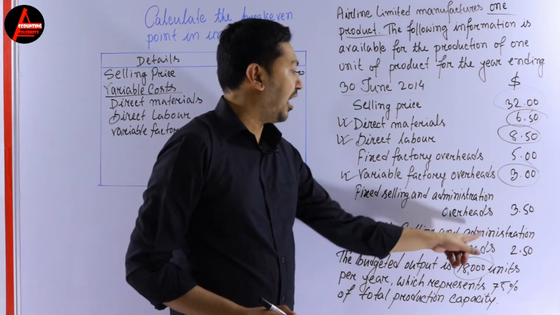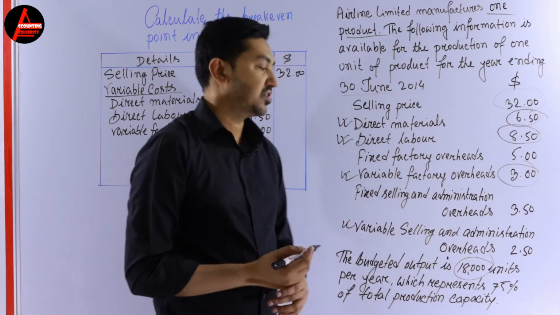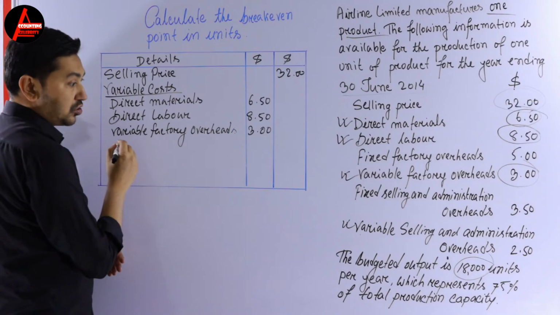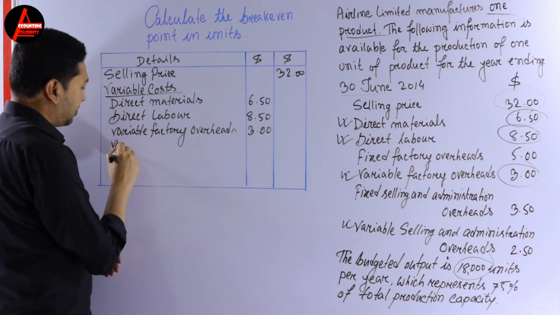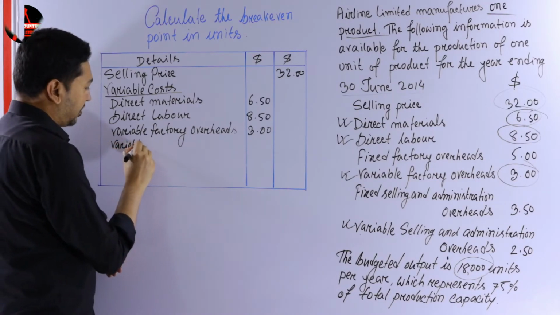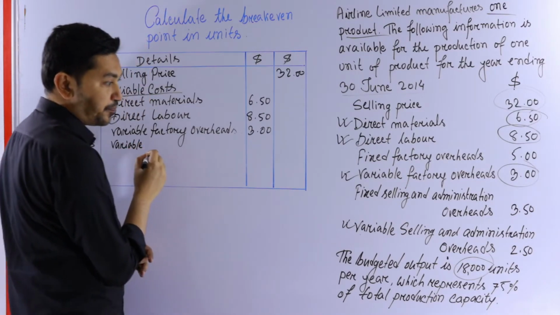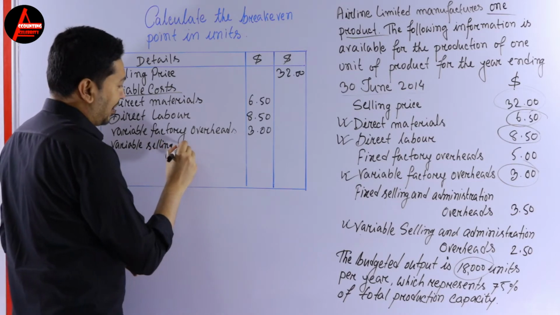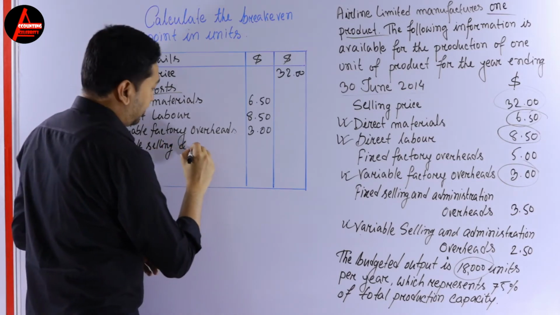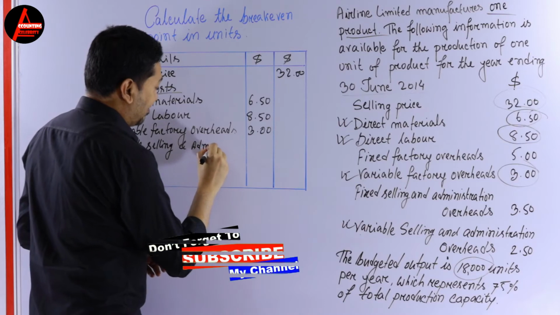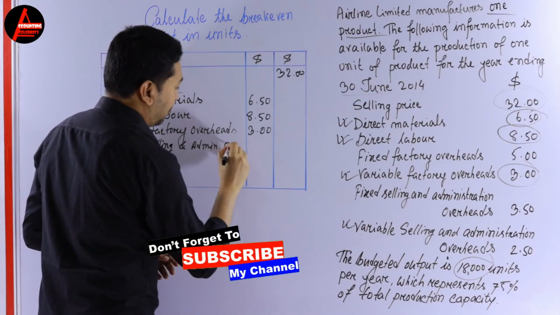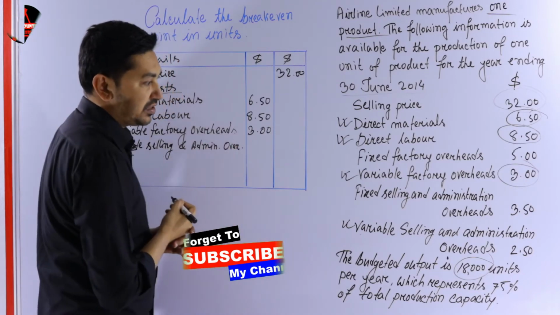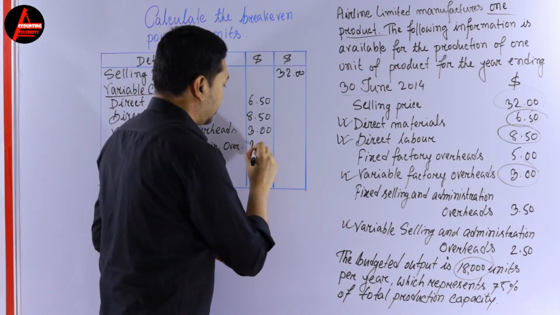Variable selling and administration overheads, $2.50. So right here variable selling and admin overheads. So what is the price here? $2.50.